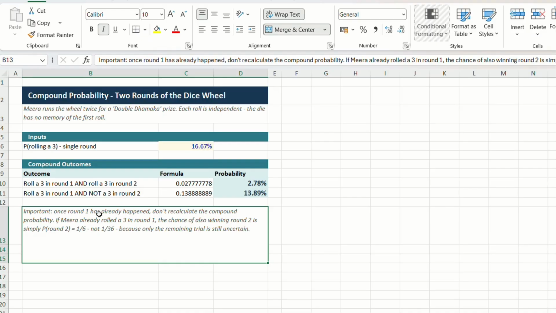Once round 1 has already happened, don't recalculate the compound probability. What if Mira already rolled a 3 in round 1, and the chance of also winning round 2 is simply P, round 2, 1 by 6, not 1 by 36, because only the remaining trial is uncertain.